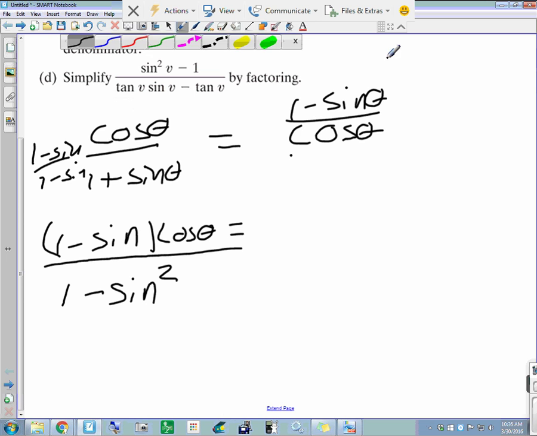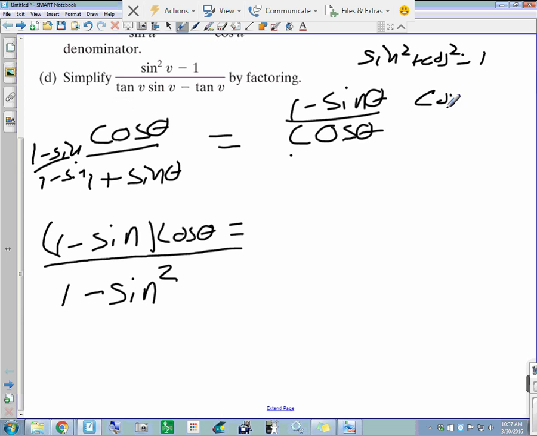Well, if you go back and you've got your sine squared plus cosine squared is equal to 1, if I were to put this over here, I would get cosine squared is equal to 1 minus sine squared.